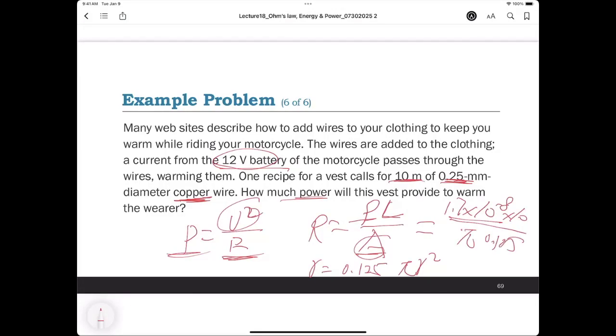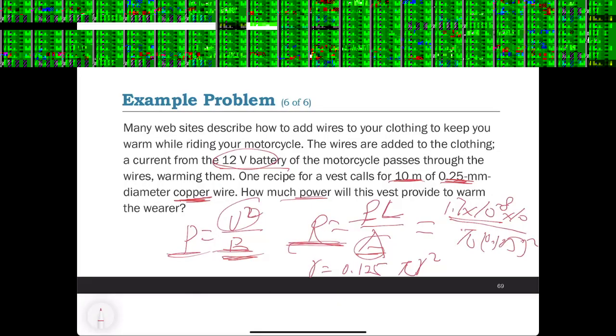You just square this one, multiply by pi, and then you can calculate the resistance, and from this equation you can calculate the power. I will leave this question to you, and the final result is around 41. You can use this equation to calculate it.